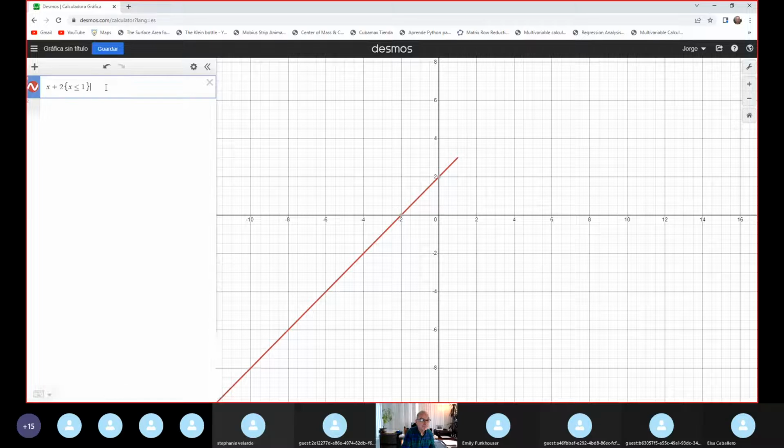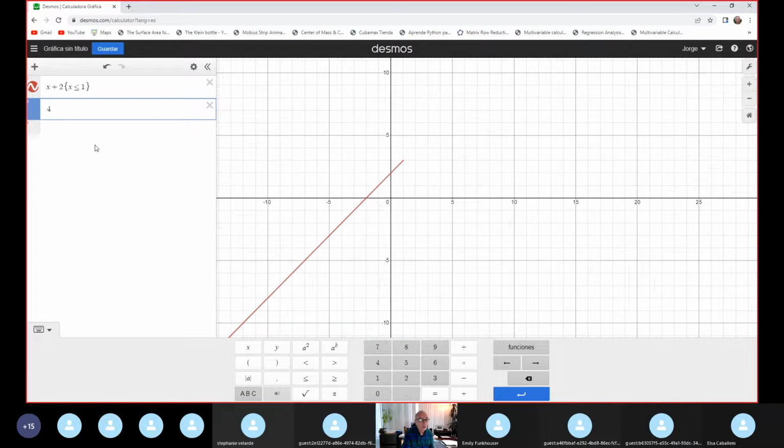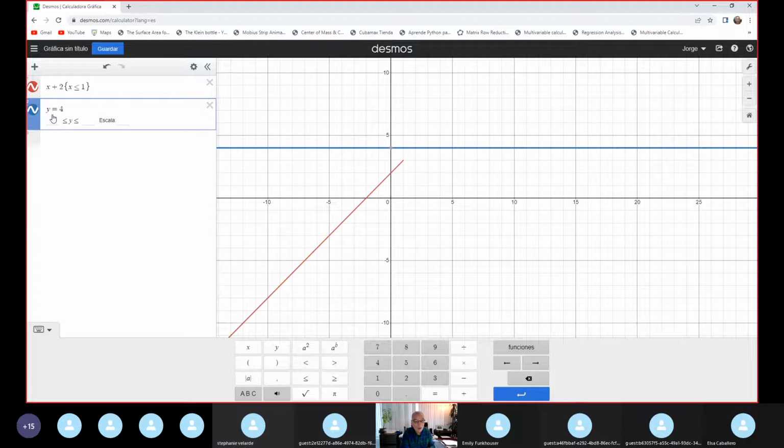Now, the second piece. Oh, the second piece is a constant function, which is 4. And a constant function is, well, y equal 4, no? Let me see, y equal 4. There you go. It's a horizontal line. But for this horizontal line, you put a condition using the curly bracket, and this is for x greater than 1.